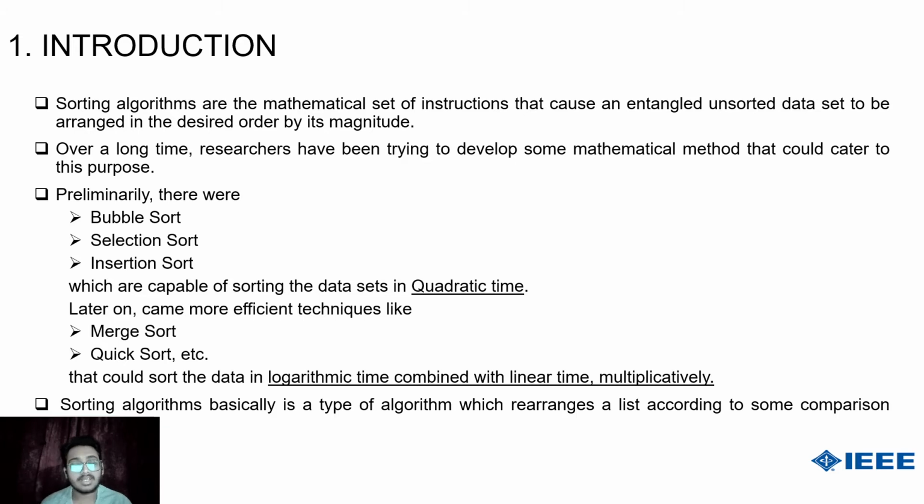But later on, via some improvisations, there came certain algorithms like merge sort, then quick sort, heap sort that were able to sort in linearithmic time. That is logarithmic time combined with linear time multiplicatively. So in this paper, we will be seeing whether it is even possible to get a sorting algorithm that is much faster than linearithmic time. We will see all those things in the paper.